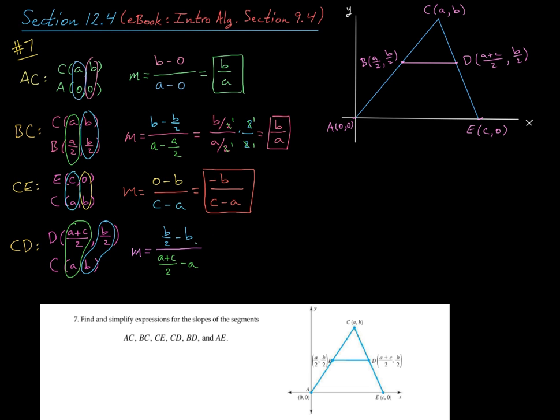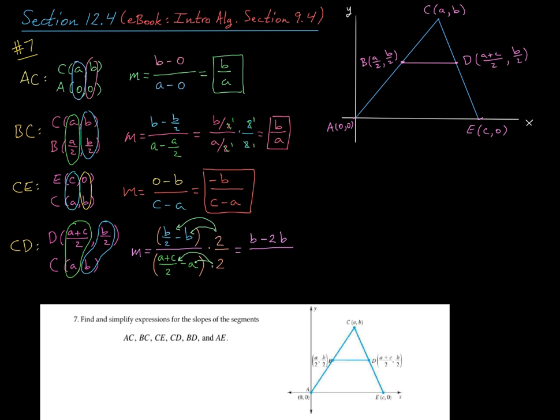Now, for something a little bit messier, I'm going to multiply top and bottom by 2, which is the LCD here. This is like what we did for question 5 on the worksheet. If we distribute the 2, on top, b over 2 times 2 would just be b, minus 2b.